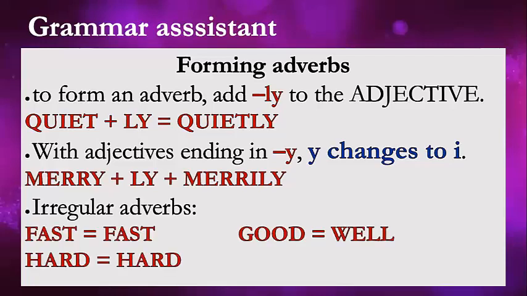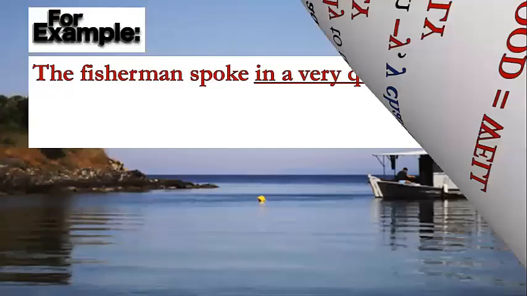But we have many words used as an adjective and an adverb at the same time, like fast, fast; hard, hard. The word good is used as an adjective, like Ali is good at English. But if you want to use the adverb from it, we have to use the word well, like Ali speaks English well. Ali writes English well.